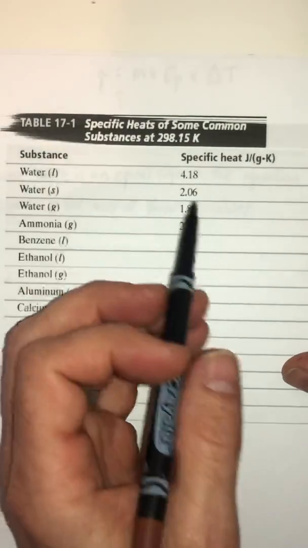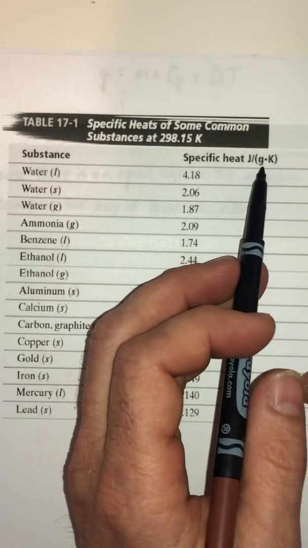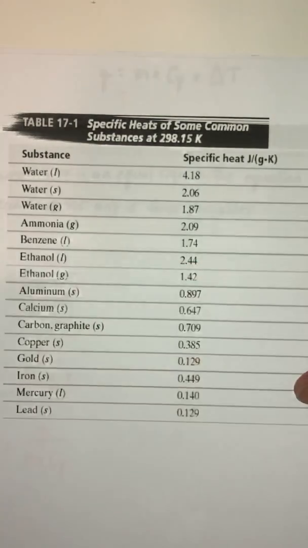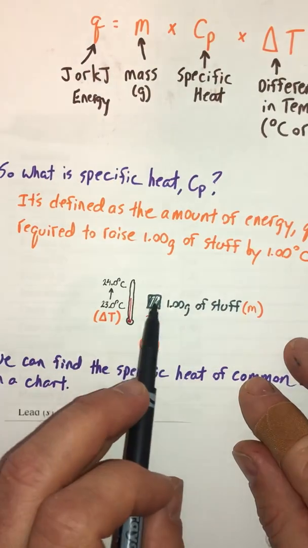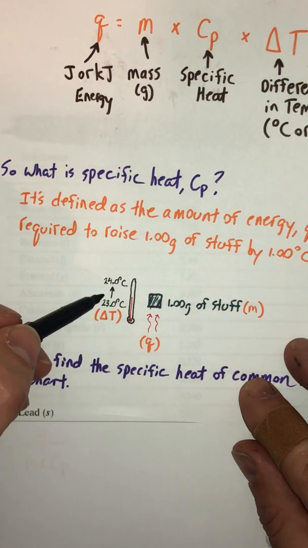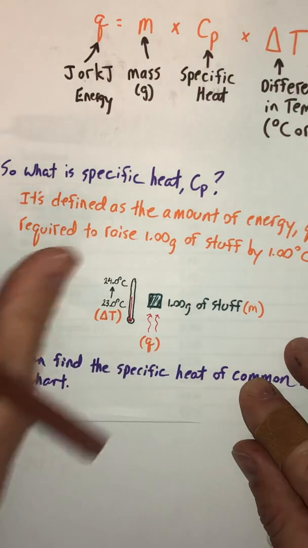But here's water. Water has a specific heat of 4.18 joules for every 1 gram going up 1 Kelvin degree. So if this was water, say it's liquid water, in order to go up 1 degree, we have to put in 4.18 joules of energy.